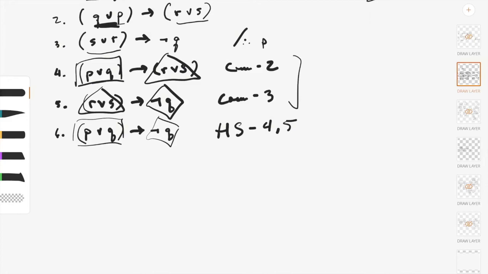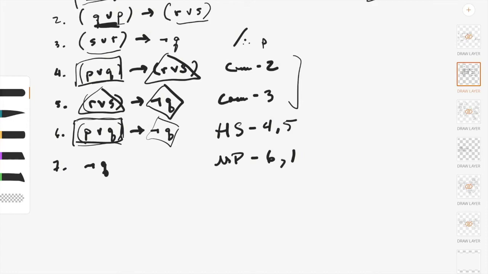So now that we have our P or Q implies not Q, we're ready to do the step where we derive not Q. How do we do that? Again, it's modus ponens on lines 6 and 1. So notice, here's the antecedent of the first premise of modus ponens.